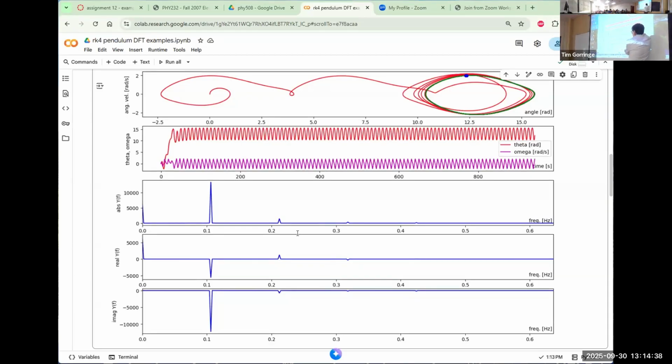Let's take a look at the Fourier transform here. After waiting out the transient period and the complicated motion in which we loop the loop, we get a steady state period, which is determined by the driving frequency and driving amplitude of the pendulum. And we see a large peak at the driving frequency of the pendulum.